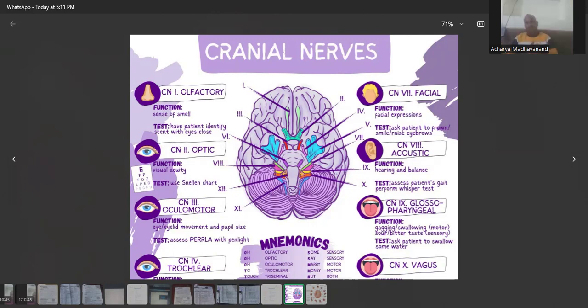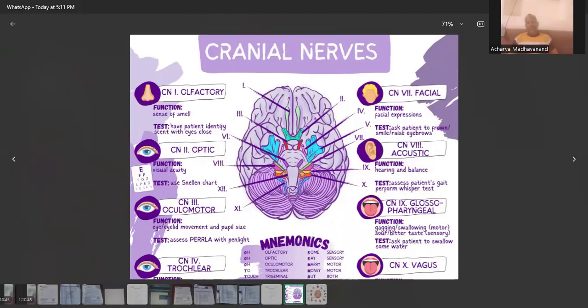So for a dumb child, you can use cranial nerves, even the facial nerve and glossopharyngeal nerve, both. And if he is also deaf, almost deaf and dumb both together, then you can use 7, 8 and 9, all three nerves.